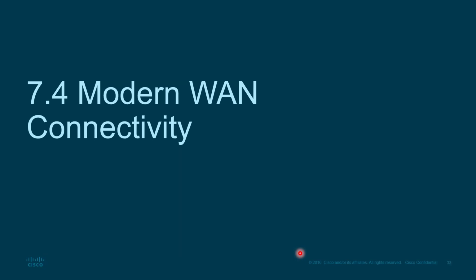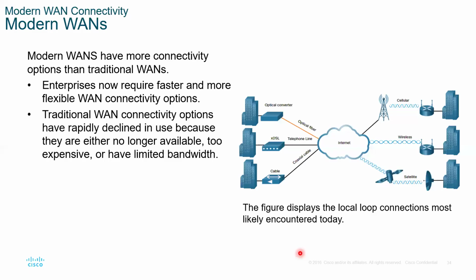We have the circuit switched connectivity options, PSTN and ISDN. We have the packet switched, frame relay and ATM. And most of them are legacy. They are no longer being used. They are being replaced by faster, more efficient connectivity options.